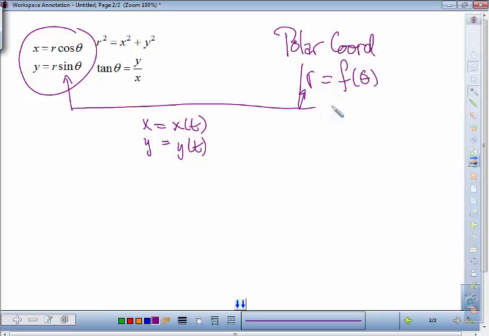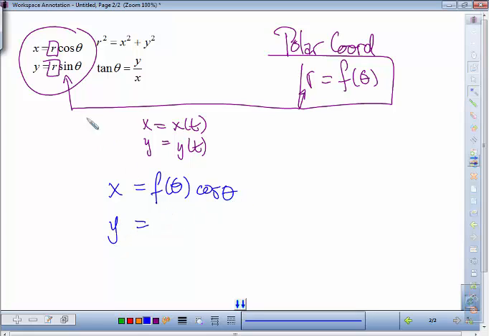Well, look at r. Right? What if we replace r with this? So then we would have x is equal to, instead of r, we'll use f of theta times cosine theta.